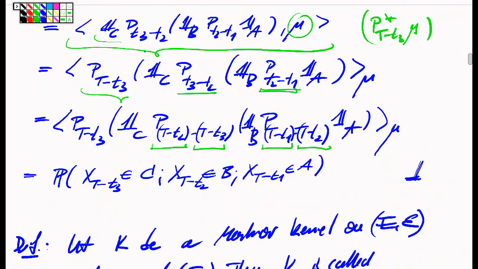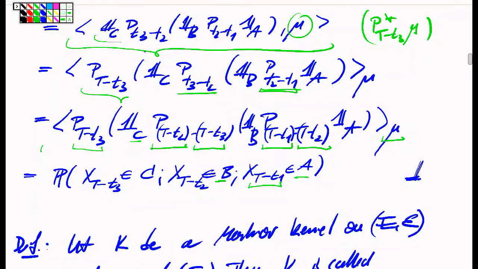And if we look at what we have here, these are increasing time points, and by our representation of finite dimensional distributions by means of these transition kernels and the initial measure mu, the thing that we have written here can also be interpreted as the probability for our process to be at the first of these times in the set C, and then at the second of these times, which is capital T minus T2, in the set B, and then finally at the third of these times, which is the time T minus T1, in the set A.